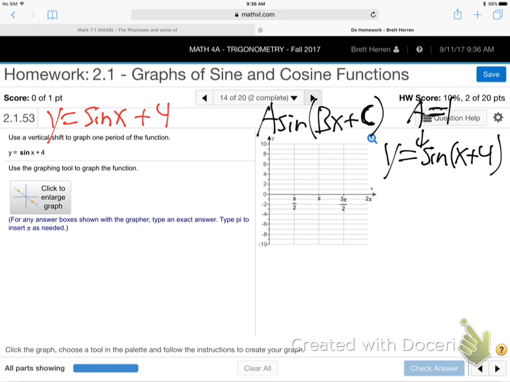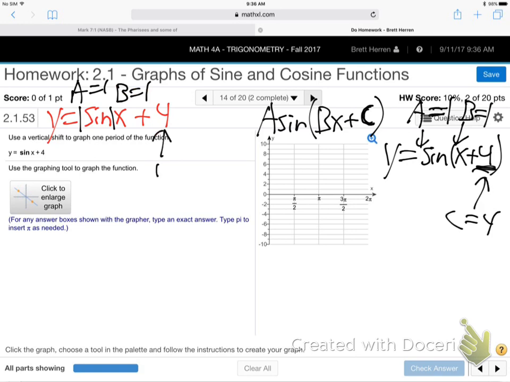B is also 1, right? Everybody with me on that? There's no number. Same thing over here. A is 1 because there's really a 1 in front of the sine. There's a 1 in front of the x, so that's our B. That's 1. But here, this is C, and here, this is not C.